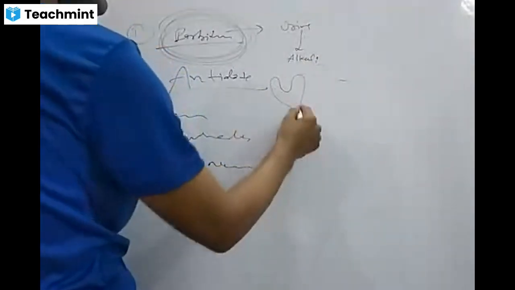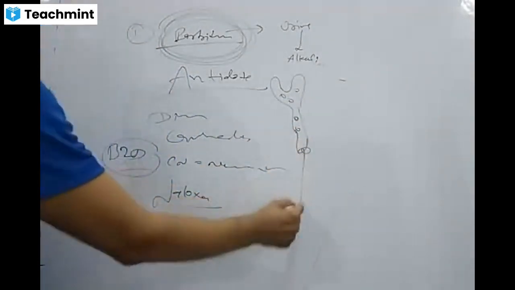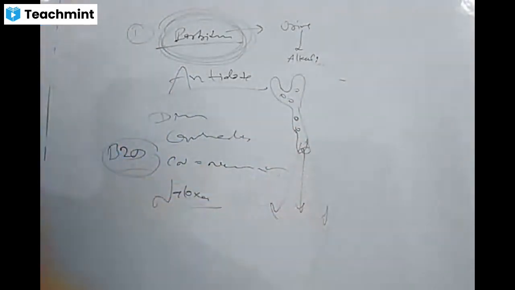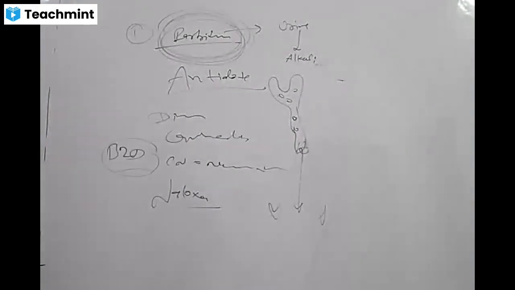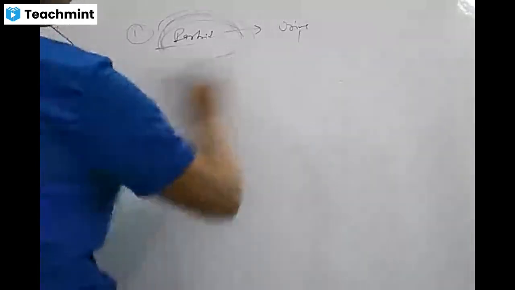Because of that alkaline nature, the drug will be trapped and it will come out through the urine. So this is the case where, if you do not find any antidote, we can utilize this ion trapping mechanism. We make the urine alkaline and flush the drug out. So this was the concept of ion trapping.